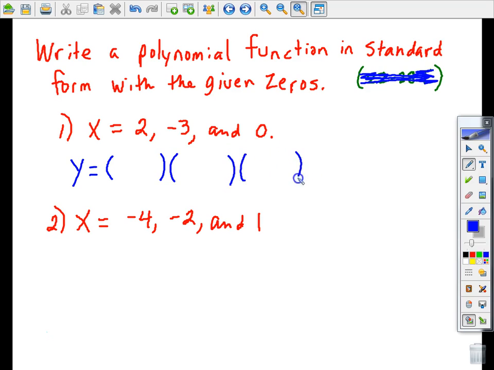When these numbers are substituted in for x, each of those quantities would equal 0. So Reagan, give me one of those binomials. X minus 2. Okay? And let's see, Dylan, can you give me another one?